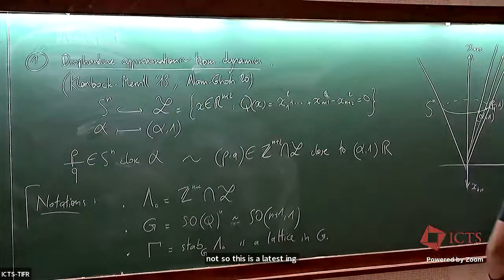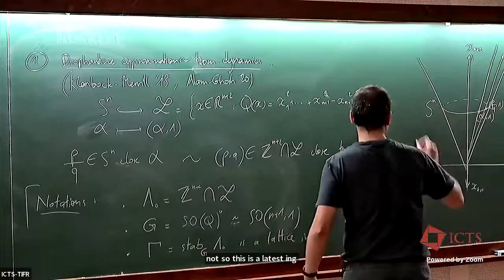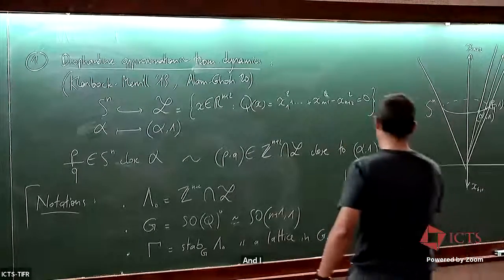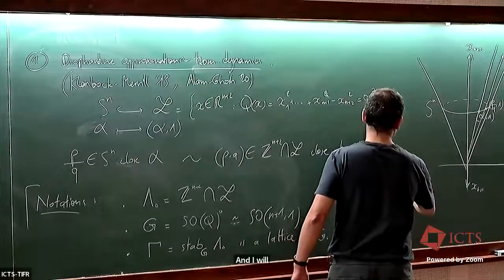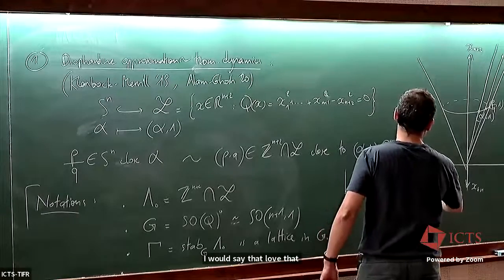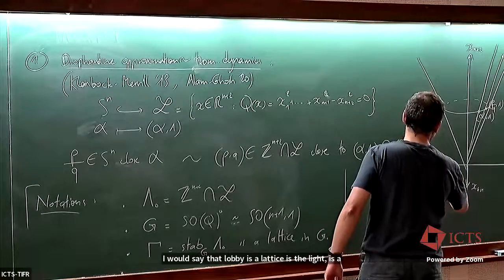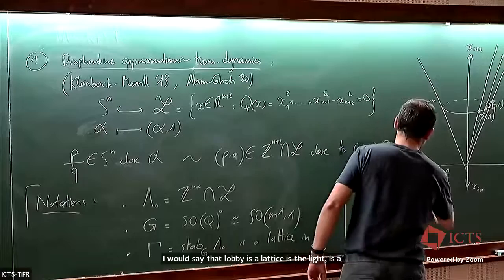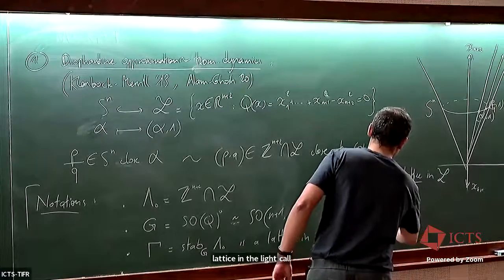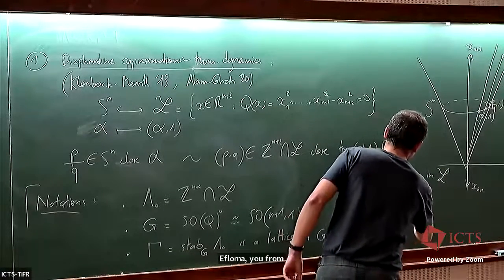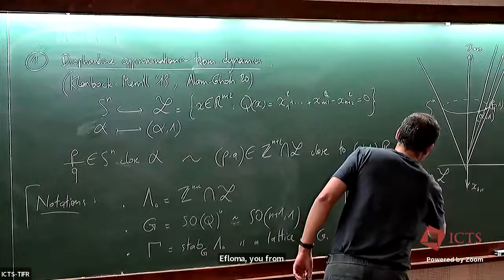I will say that Lambda is a lattice in the light cone if Lambda is of the form g times Lambda naught.